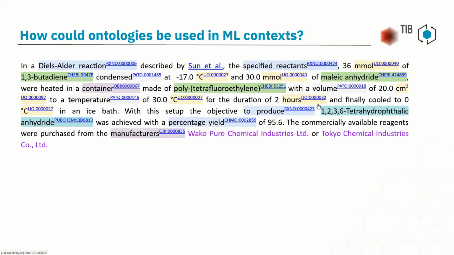So what we want basically is to have entities recognized that are in those texts, entities such as what are the specified reactants, what are we talking about, a Diels-Alder reaction, a certain kind of reaction, or the molecules that are involved, and the circumstances that are present for this reaction to be happening and such. And so when we have such marked up text, we can use it, for instance, as training data to find such markups and semantify other text without having to read it and annotate it manually.